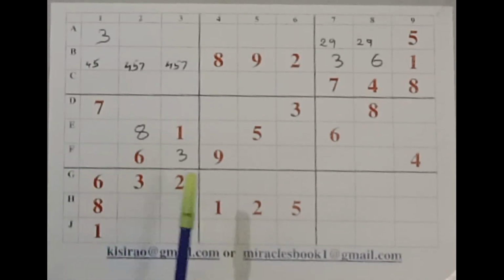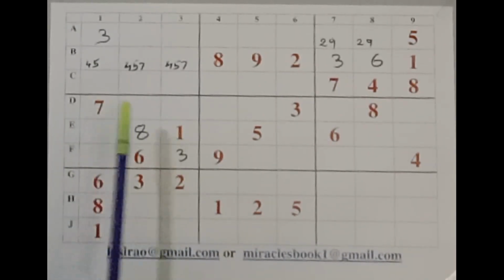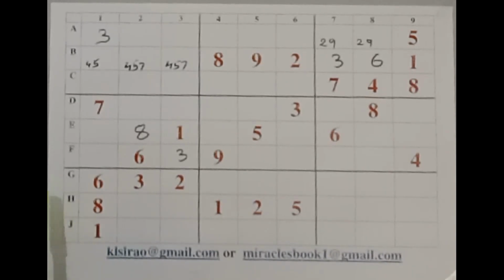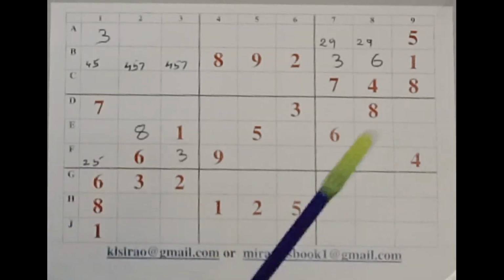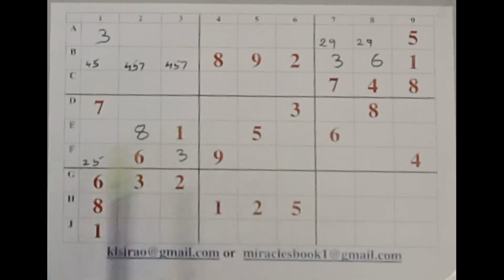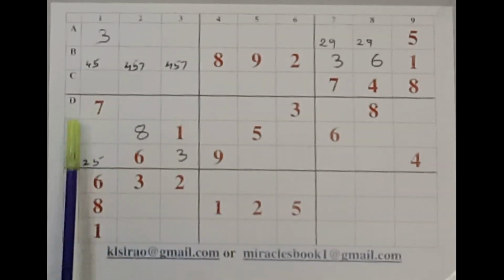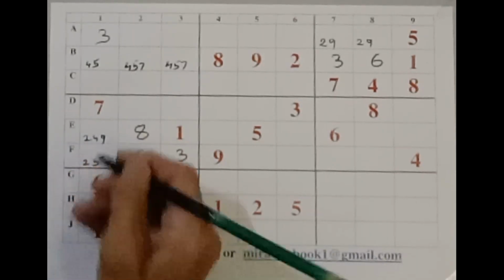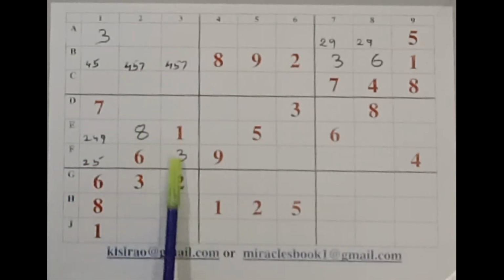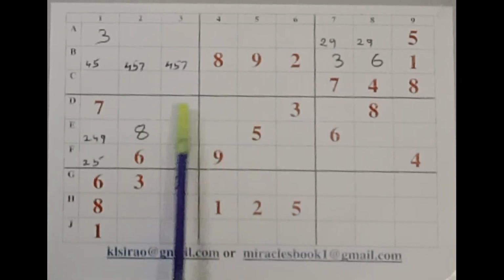Okay, we require 2, 4, 5 and 9. We have this 4 and 9 here. That means 2 and 5 here. Only 5 is there; 2, 4, 9 here. Here we got a 2, so 4, 5, 9 here.